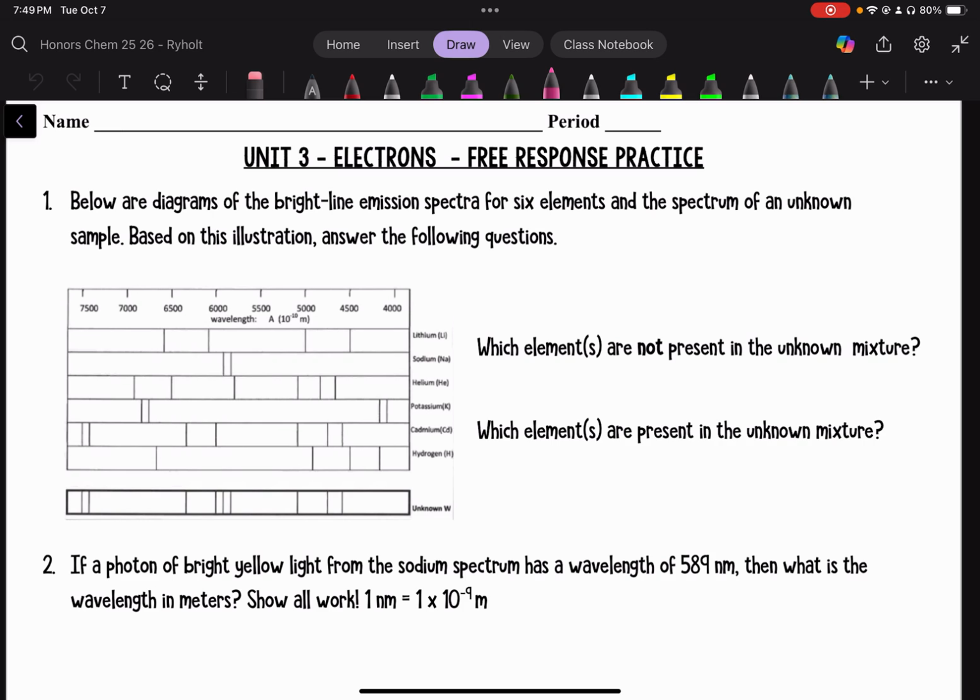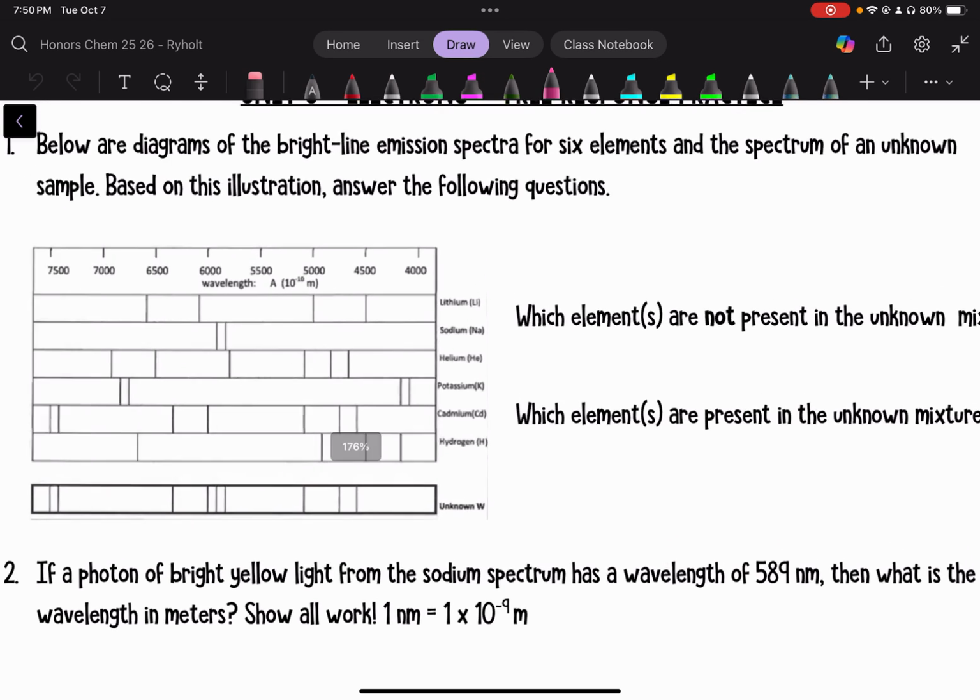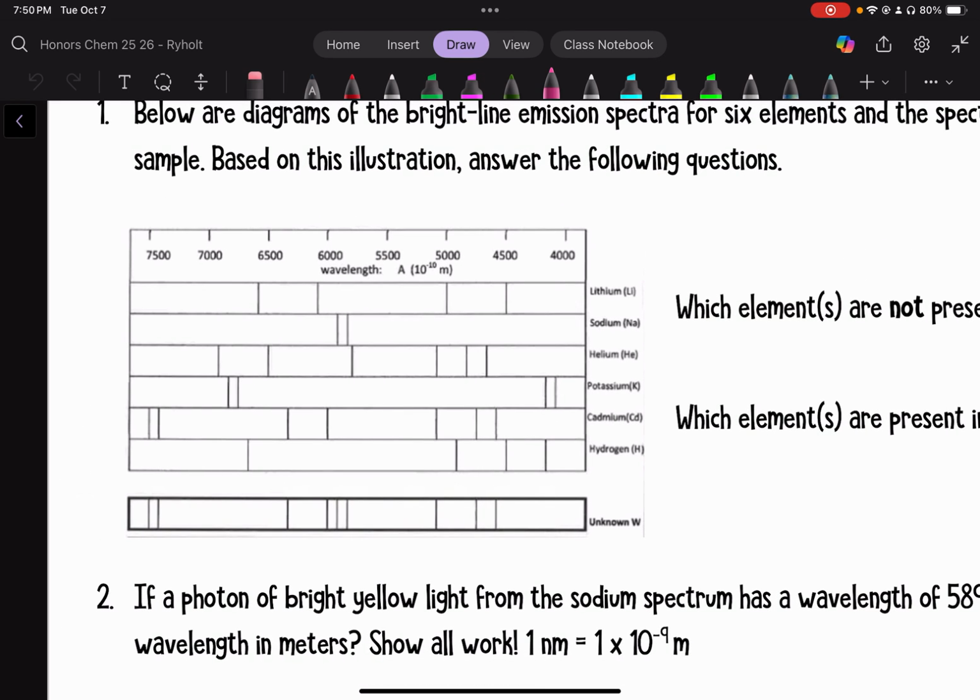It says below are diagrams of the bright line emission spectra for 6 elements in the spectrum of an unknown sample. Based on this illustration, answer the following questions. We've talked about how these are basically like the fingerprints of elements.